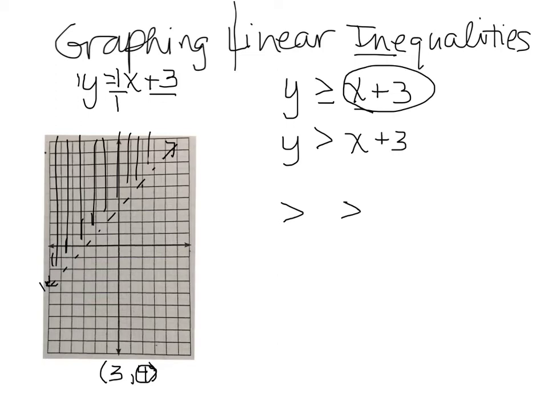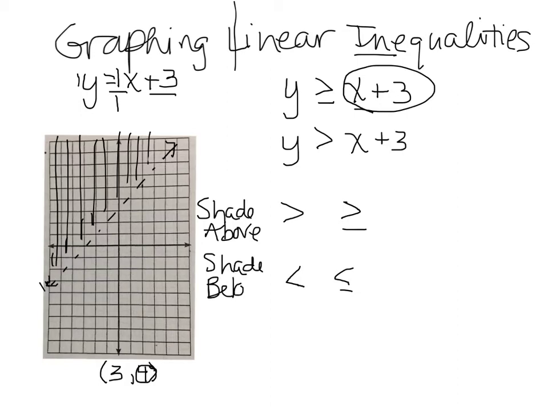Greater than or equal to. That means you shade above. As opposed to less than or equal to, you shade below the line. And by that I mean below the line.